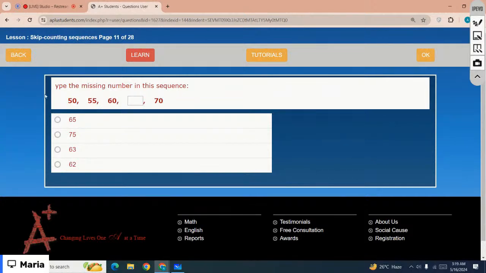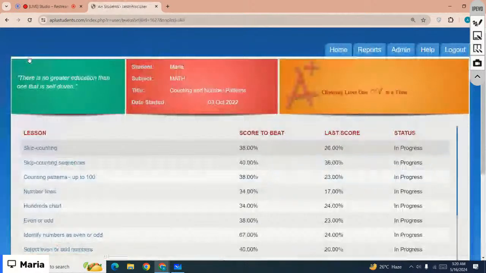The next lesson is counting patterns 100.